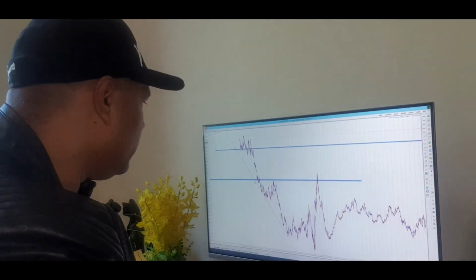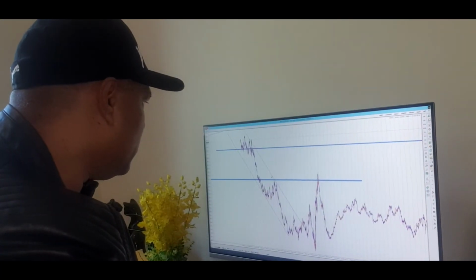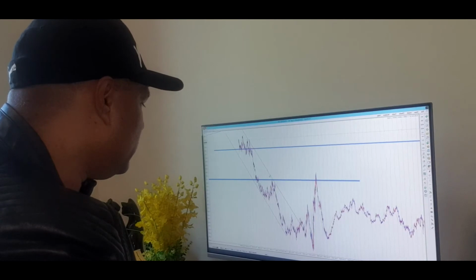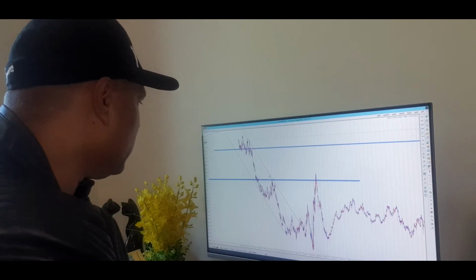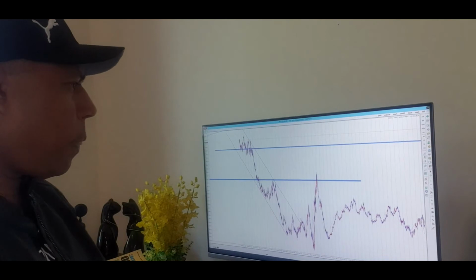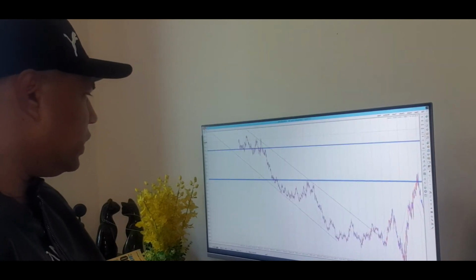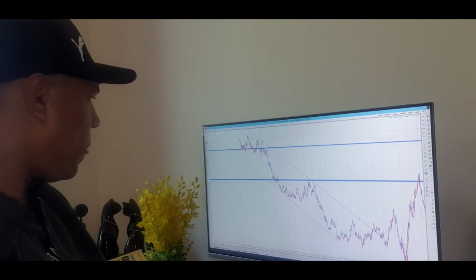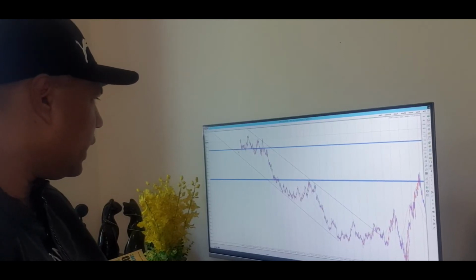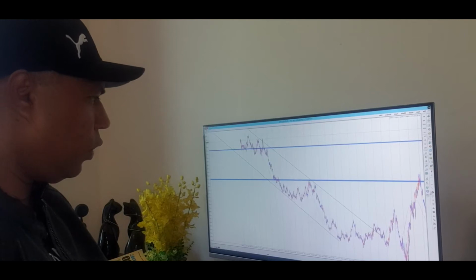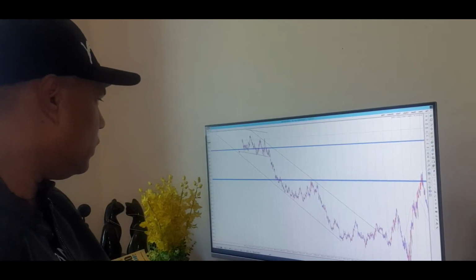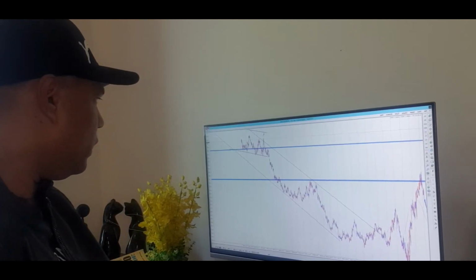Let's see if it is a channel or not. Yes, it is definitely going through a channel. So we have one more channel, the ascending channel. Now in this area, it looks like another channel, so we have to draw one more channel in here.